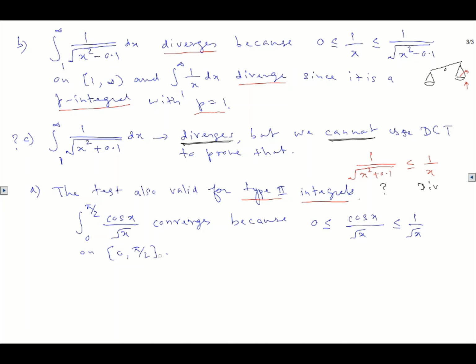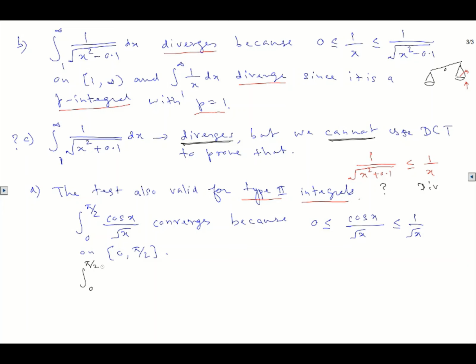In general cosine can be negative, but on this interval that's true. So now what we're trying to do is evaluate that integral. So let's go to the integral and evaluate that.